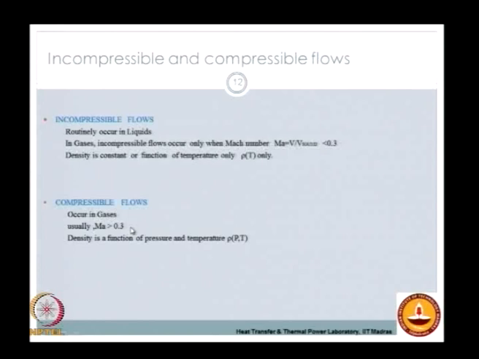And when you are looking at compressible flows, compressible fluids are gases, and this is also important at high Mach numbers greater than 0.3, in which you have to consider density as a function of both pressure and temperature, and there has to be a local variation of density.